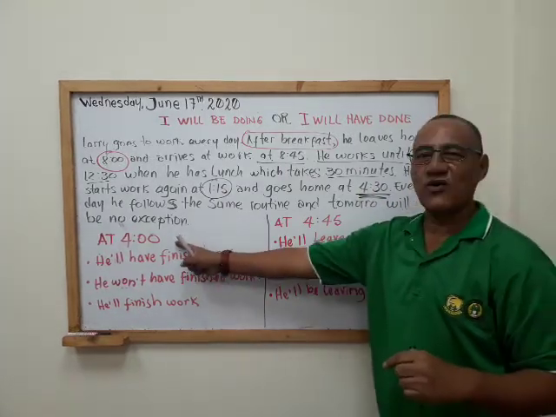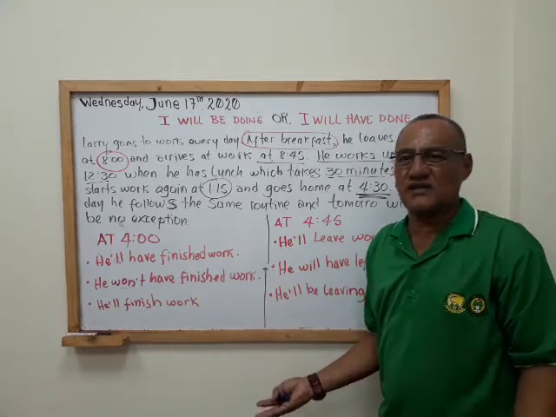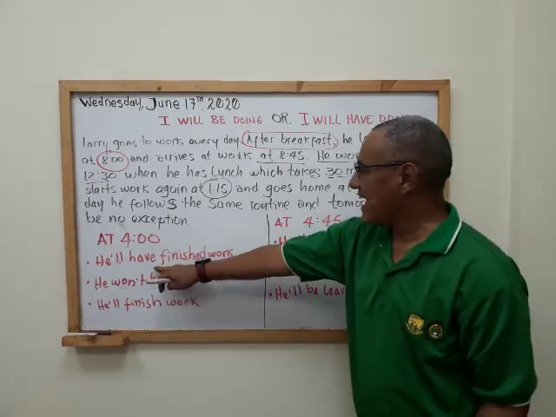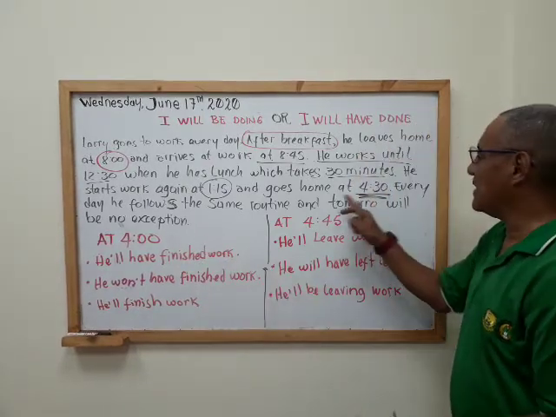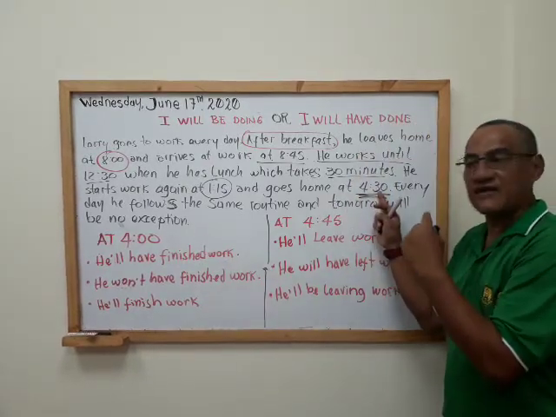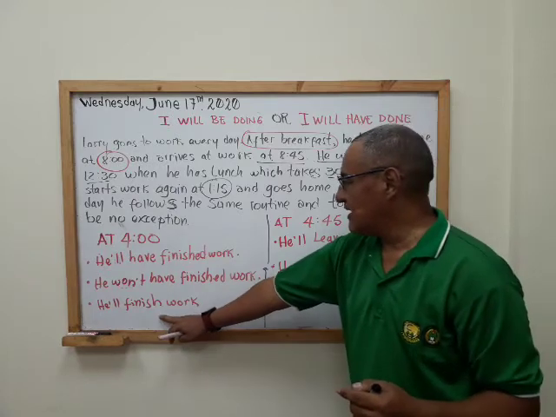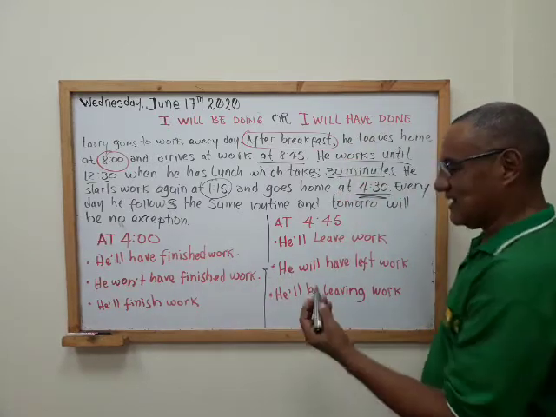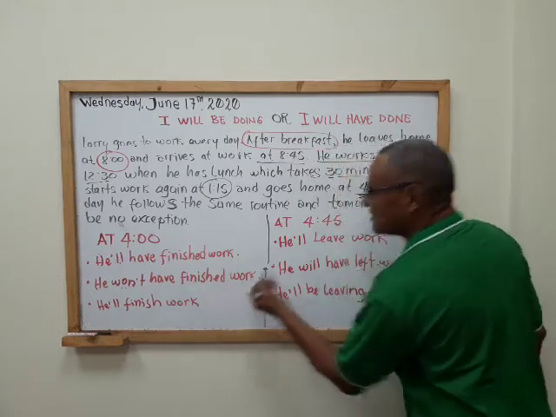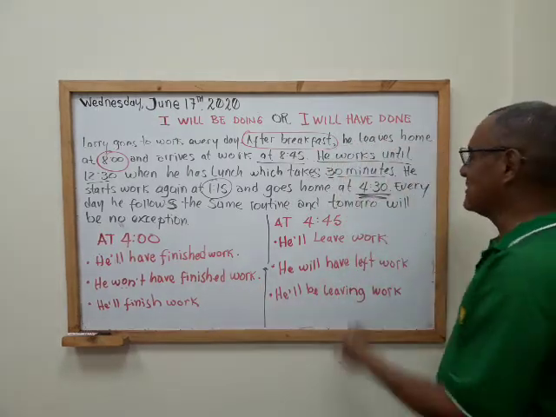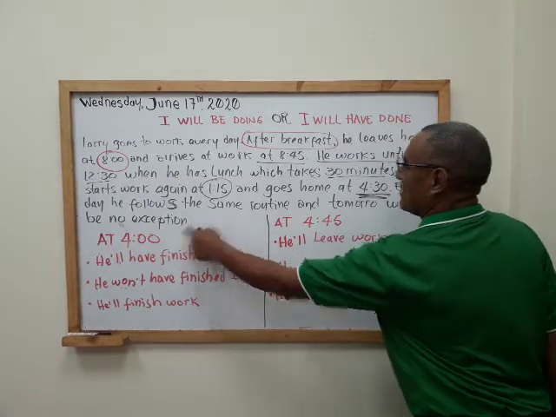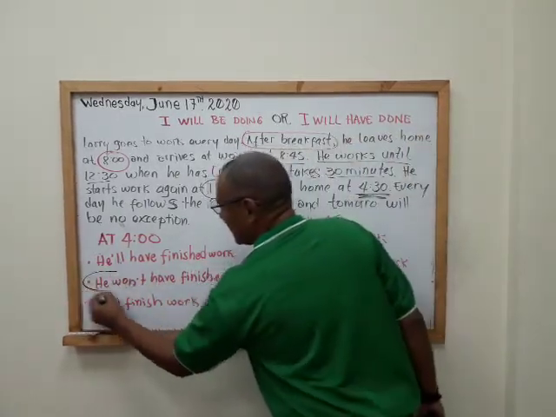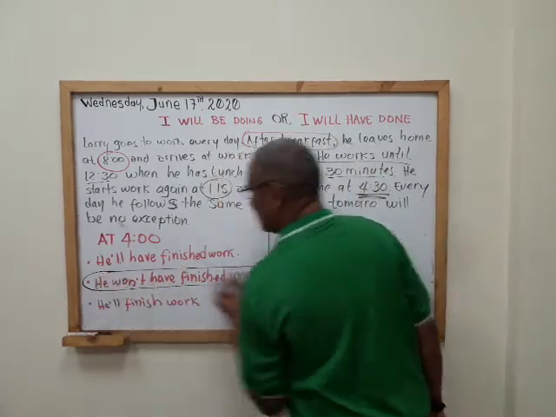Then at 4, what is he going to be doing? So he'll have finished work? No, at 4, no, because he finished at 4:30. He'll finish work? No, that is wrong either. Then he won't have finished work. Él no habrá terminado de trabajar. Yeah, at 4 o'clock. Look, because he finishes at 4:30. Then, in this case, this is the right answer.